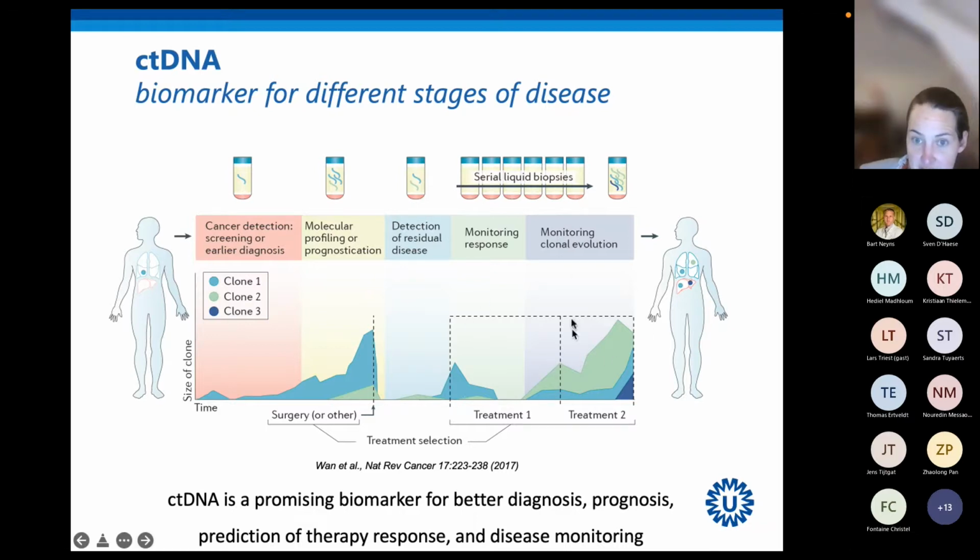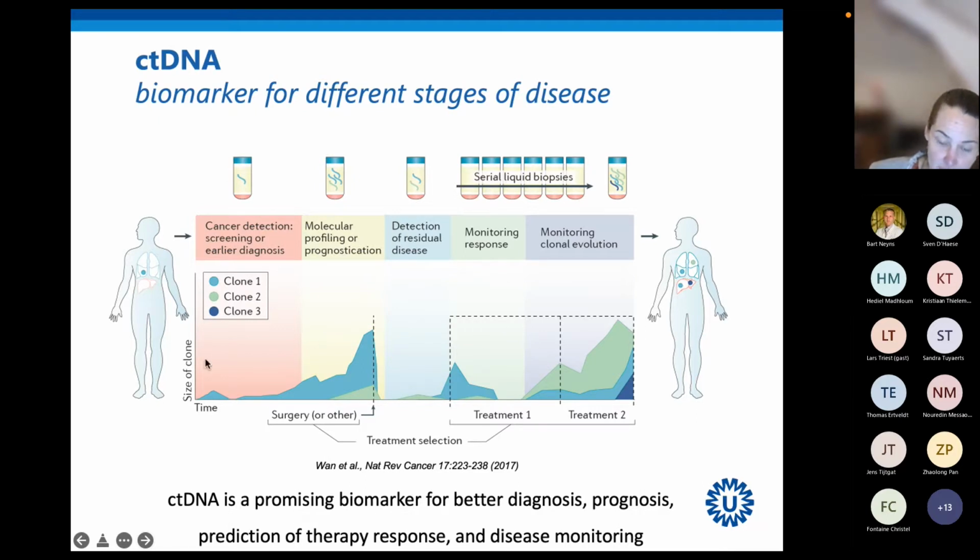In case of metastatic disease, you can use it for monitoring of response, so you see the ctDNA diminishing in case of response and increasing again in case of recurrence. And you can use it to monitor clonal evolution and the development of resistance. So you can see novel clones or novel mutations coming up in the ctDNA.